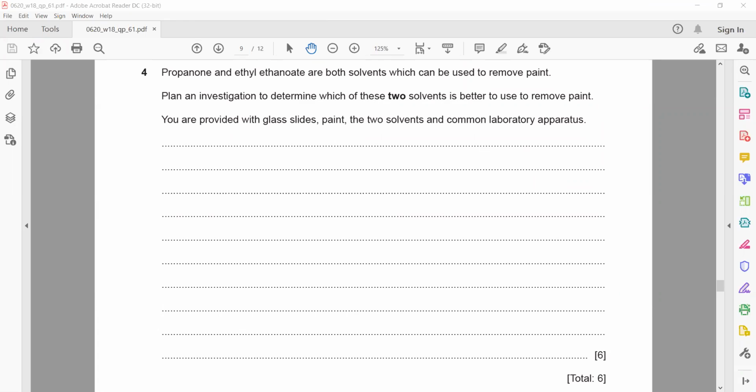So how do we plan this? There are different ways to plan. The purpose of the slide is that you will apply paint on the slides and try to remove the paint from the slide. So what we will do first, we'll paint the slides. Propanol is called a ketone.